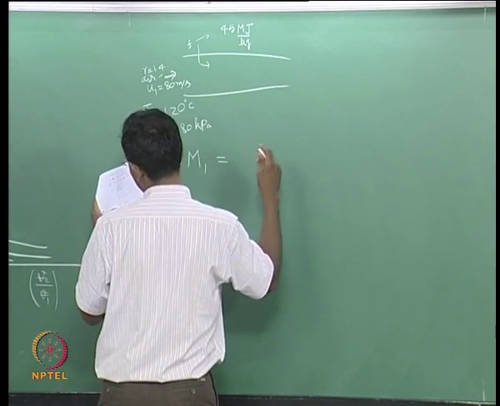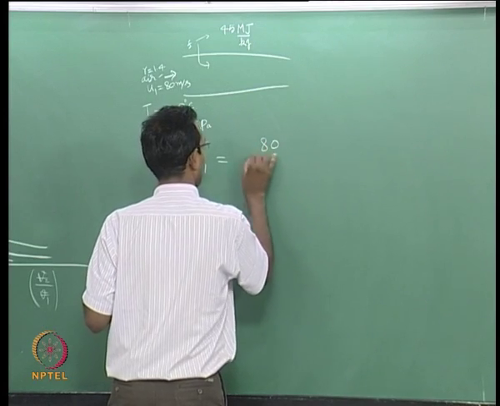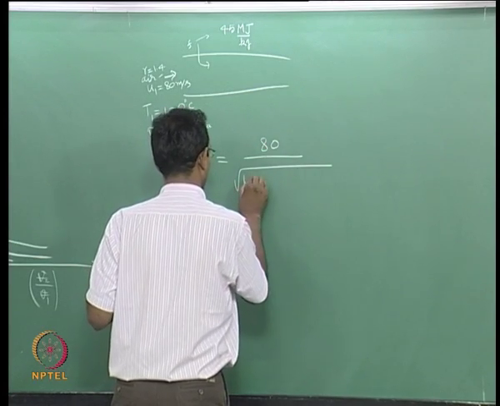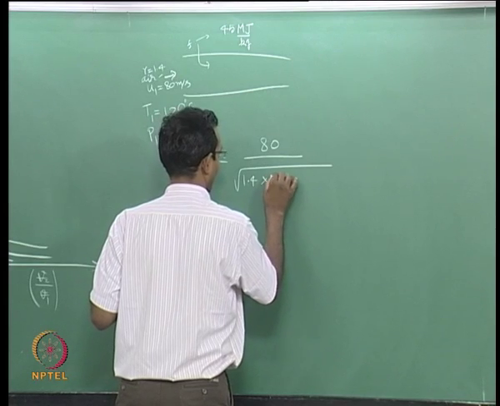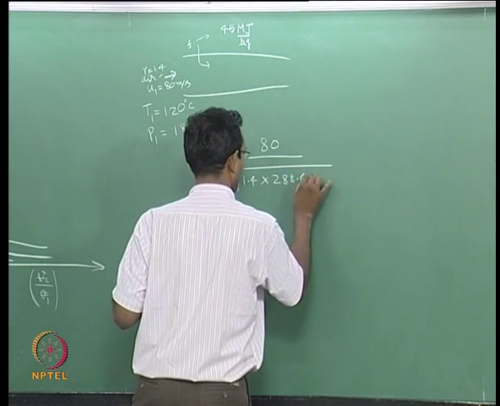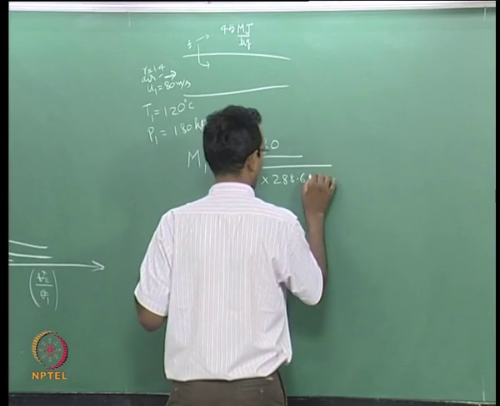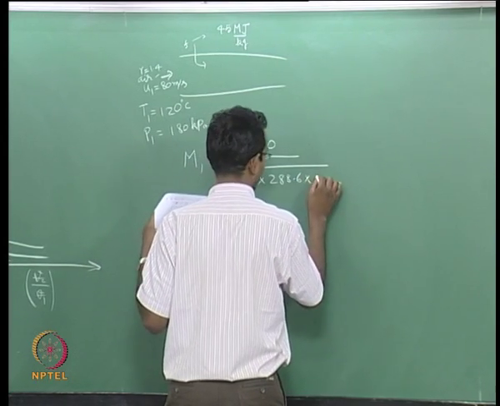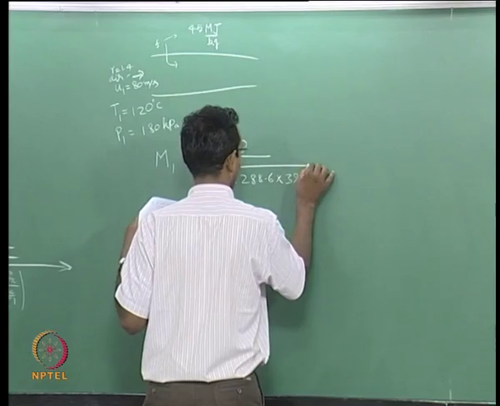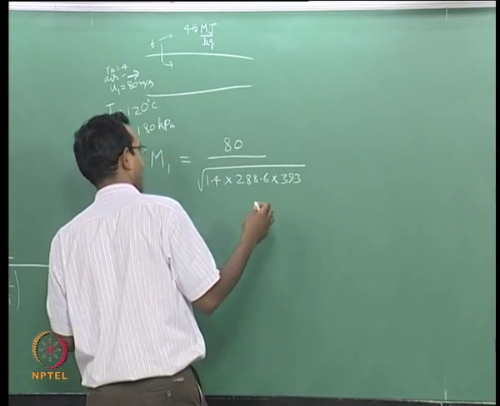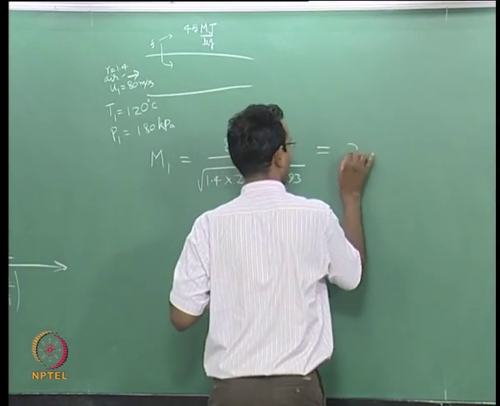M1 will be U1 by square root of gamma RT, 80 divided by square root of 1.4 times R, which is 288.6, times 120 Celsius, which is 393 Kelvin roughly. So this is going to give me an answer of 0.2.